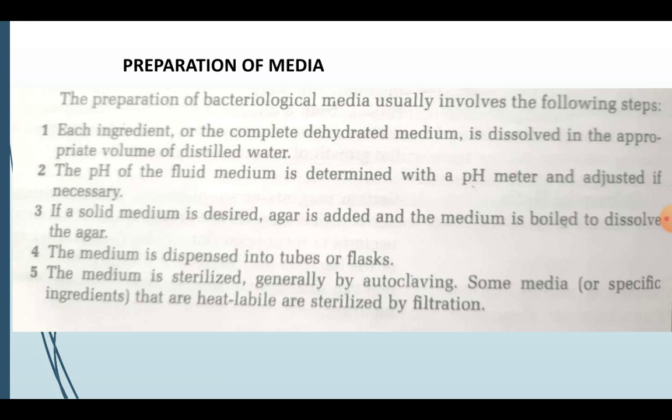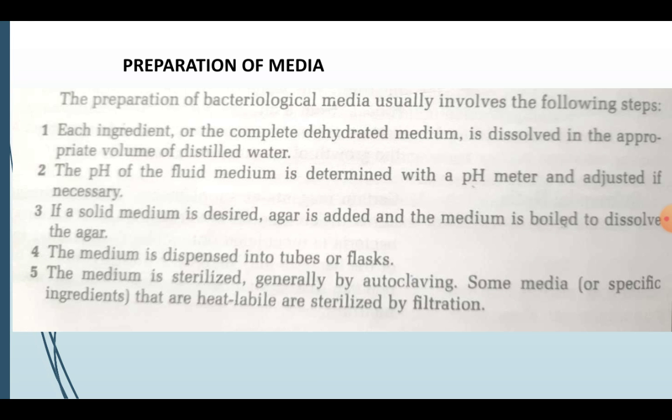Preparation of media. The preparation of bacteriological media usually involves the following five steps. The first is that each ingredient or the complete dehydrated medium is dissolved in the appropriate volume of distilled water. Second, the pH of the fluid medium is determined with a pH meter and adjusted if necessary.